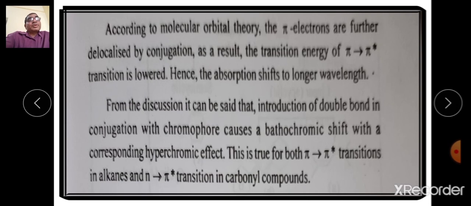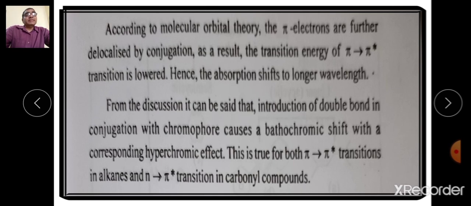Now, according to molecular orbital theory, pi electrons are further delocalized by conjugation. As a result, the transition energy of the pi to pi star transition is lowered. Energy is lowered, and the absorption shifts to the longer wavelength. Students, what did you all learn? Yes, the introduction of a double bond in conjugation with a chromophore causes a red shift, that is a bathochromic shift, with a corresponding hyperchromic effect.